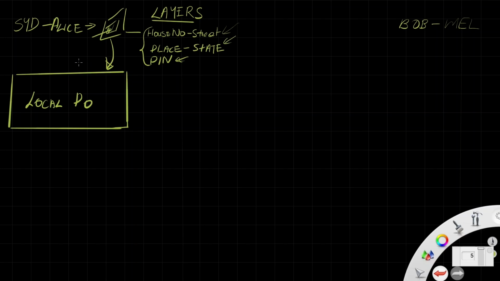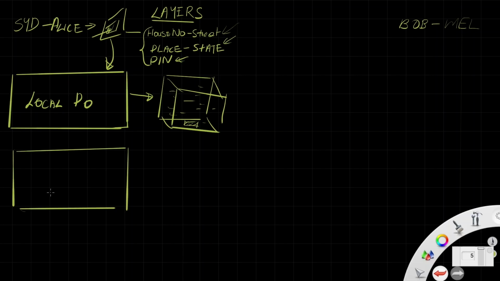Now the local post office is getting a lot of letters like that, not just from Alice. So what they have done is put all the letters in a big box, with Alice's letter inside that box along with a lot of other letters. And what are they going to do with that box? They are sending that box to a state-level post office warehouse.